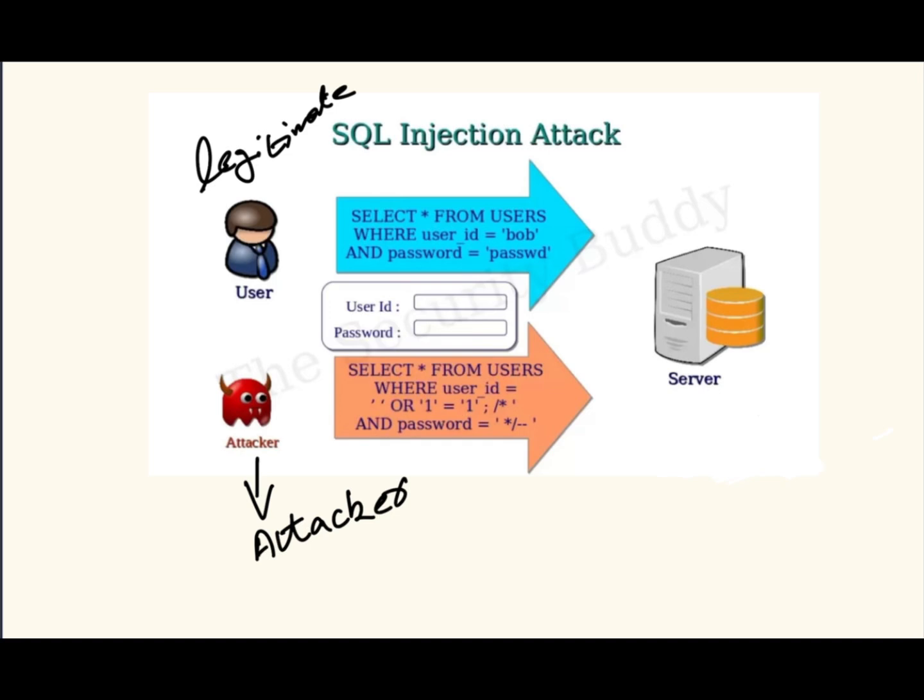In this image, you can clearly see when the legitimate user logs in, the application executes a proper SQL query in the background, which is this one: select star from users where user ID and password. That executes in the background when the legitimate user tries to access the database.